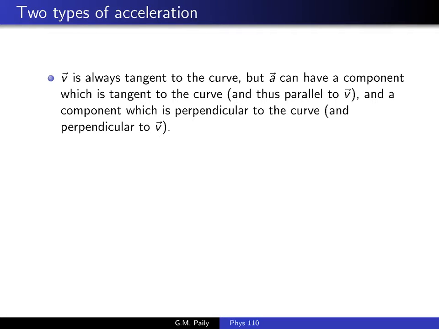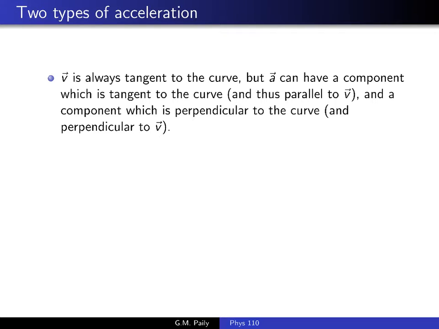So, we have learned that there are two types of acceleration, and the velocity is always tangent to the curve, but the acceleration can have a component which is tangent to the curve and thus lies along the line of v, and a component which is perpendicular to the curve and thus perpendicular to the velocity.